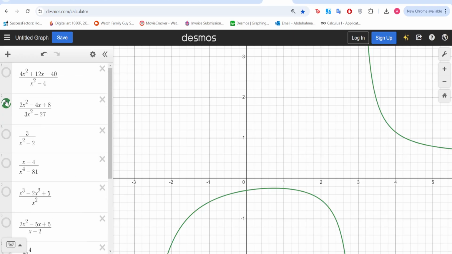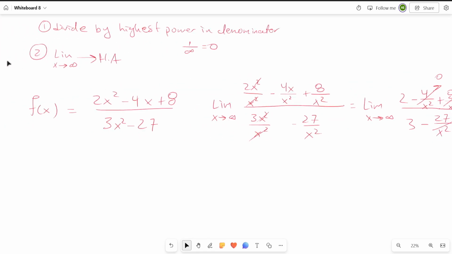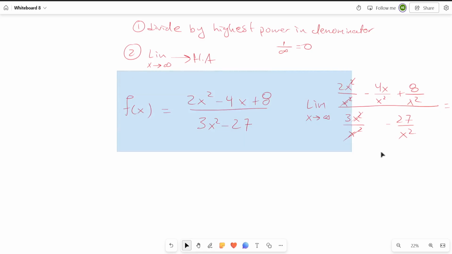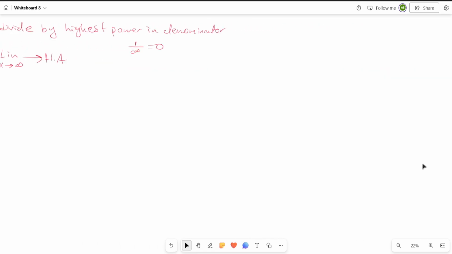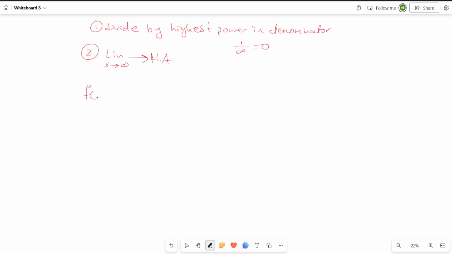Okay, let's try another example. Let's erase this. Let's say we have f of x equals 3 over x squared minus 2. Again, let's take the limit as x approaches infinity, and divide everything by the highest power in the denominator, which is x squared again. So this is 3 over x squared, over x squared over x squared minus 2 over x squared.